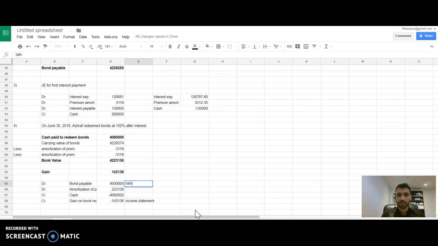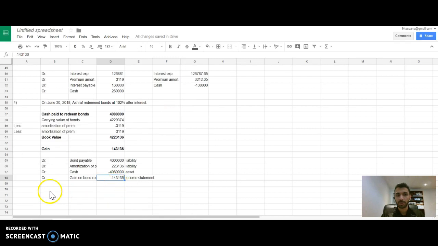This is a liability. This is a liability. And cash is an asset. So these amounts would go to the balance sheet. This amount right here would go to your income statement. The question asked you to show what that would look like on the income statement, and you'd simply show that as other gain or part of your income, just like the way they did it in the solution.